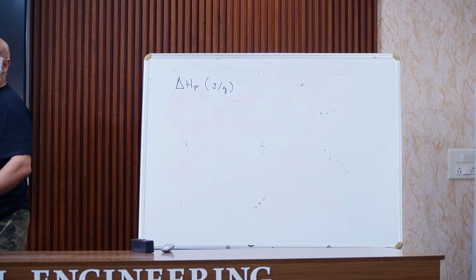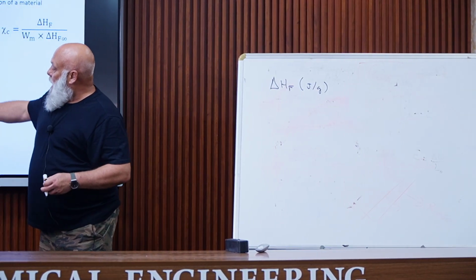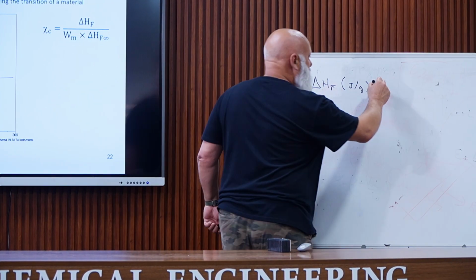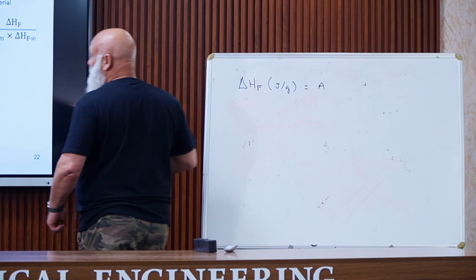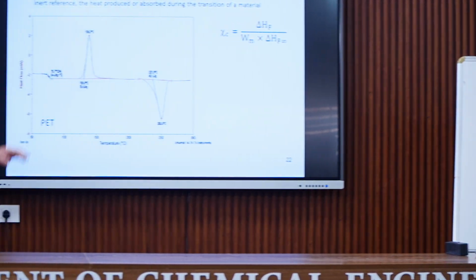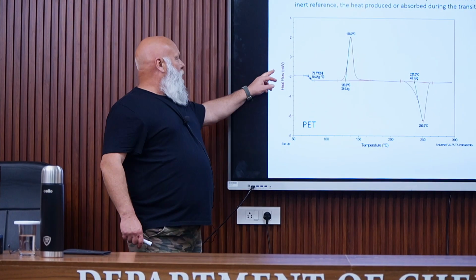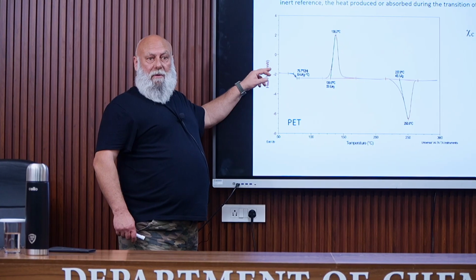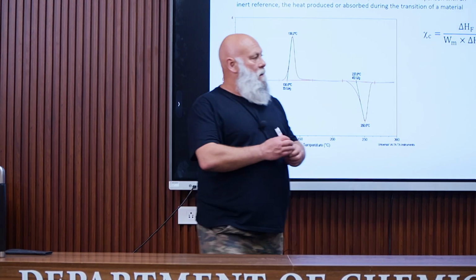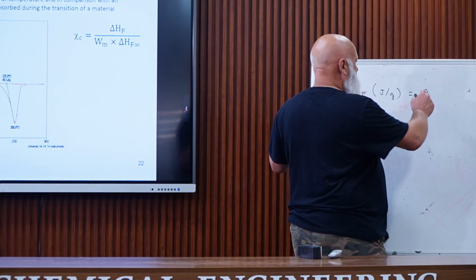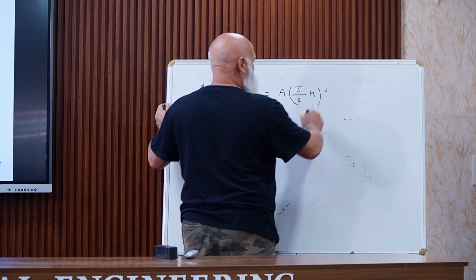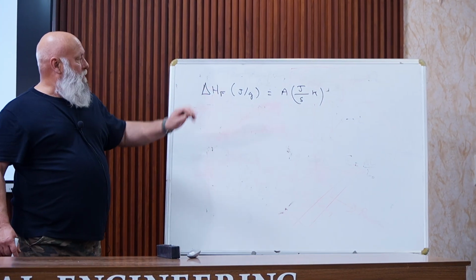It corresponds, of course, to the area under the peak, A. But what is the unit for the area under the peak? We have here watt, joule per second, and temperature, Kelvin. So the area under the curve has this unit.